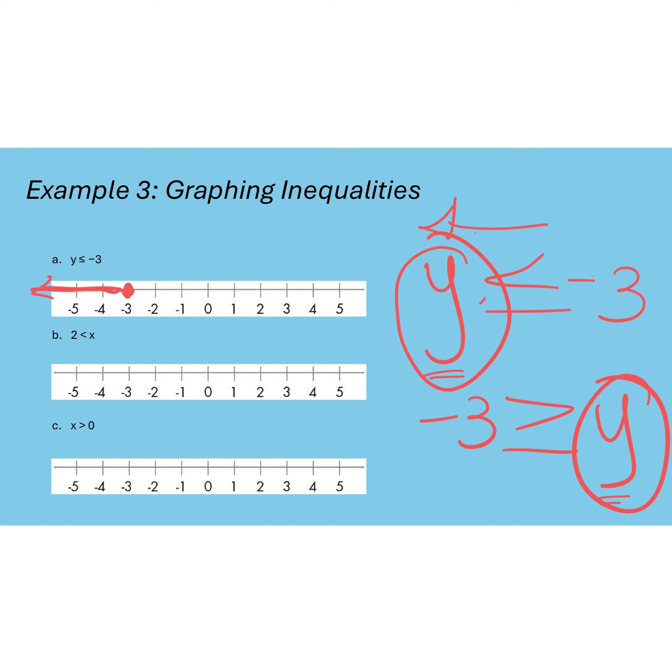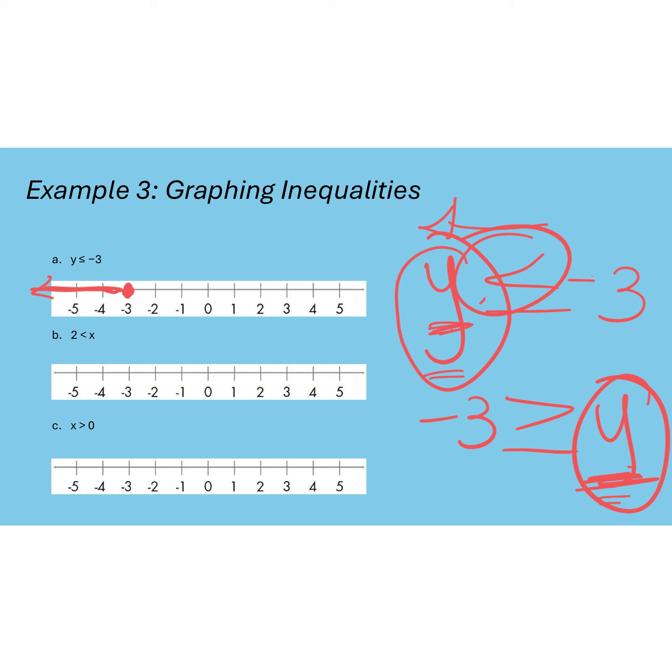All you're doing is rewriting it the opposite way. It's still going the same way, so pay attention. If your variable is first, you're going to graph whichever way the arrow looks. If your variable is on the second part of the solution set, you're still going the opposite way. Got it?